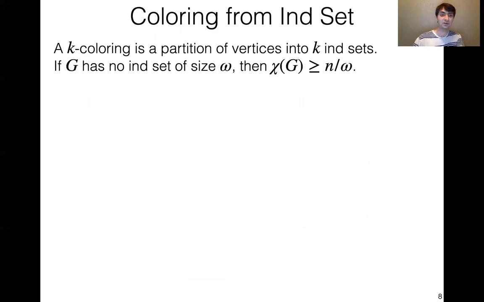So if G has no independent set of size omega, then we know the chromatic number has to be at least n over omega. Unfortunately, the statement we are looking for is the converse of this, which is that if we cannot certify that G has no independent set of size omega, then we want to say we cannot certify that chi of G is at most n over omega. So that doesn't follow from this. But nonetheless, the intuition as to why one might expect this to hold should perhaps be clear.